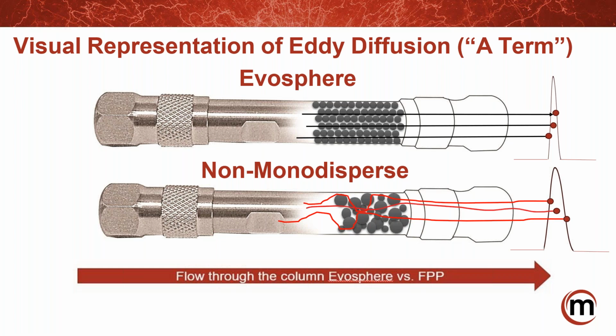On the top column, you can see that it doesn't take a tortuous path, whereas, and this is exaggerated, the non-monodisperse or polydisperse material has to travel around the particle to get to the side of the column. And the quickest point between 2 points is a straight line, or the quickest path for that matter.